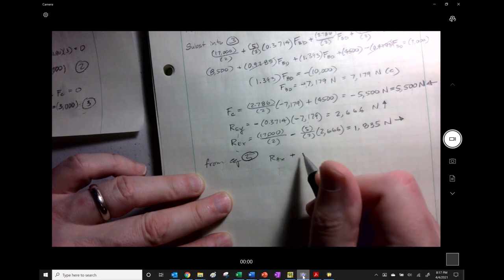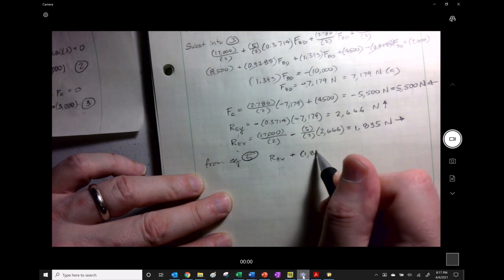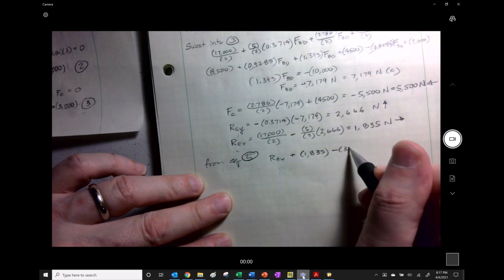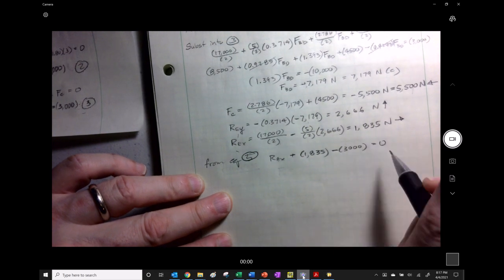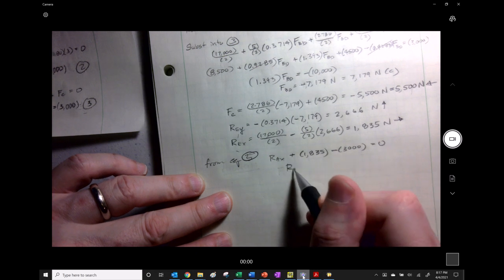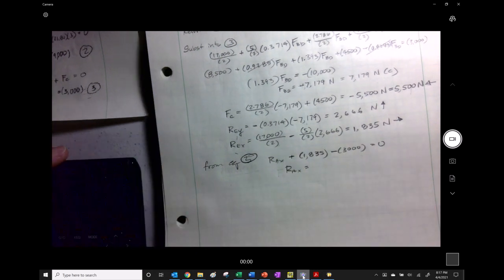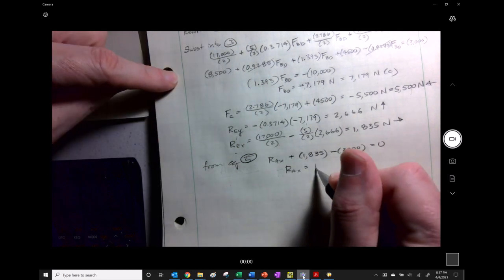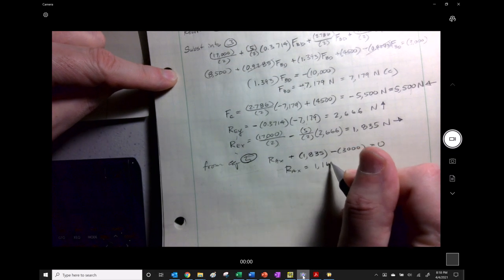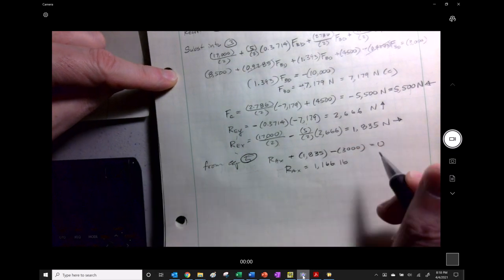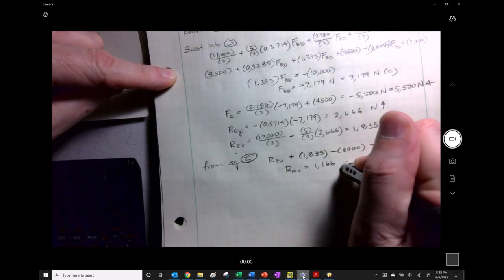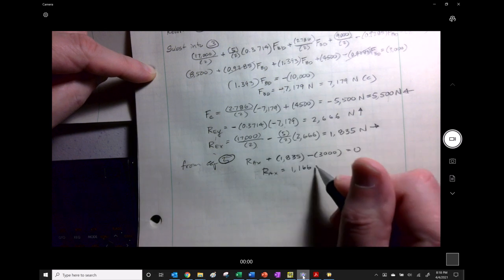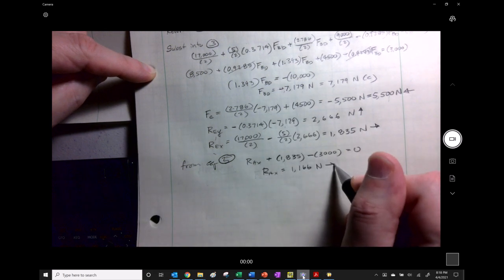Okay. So that's going to be 1,835 minus 3,000 equals 0, and therefore RAX is going to be 1,166 newtons, jeez. And I do believe that is also horizontal.